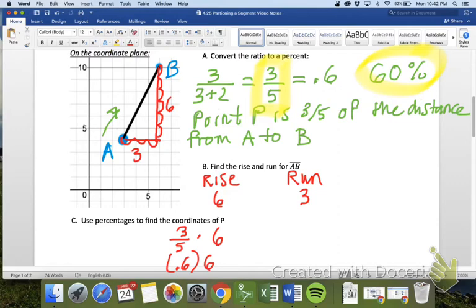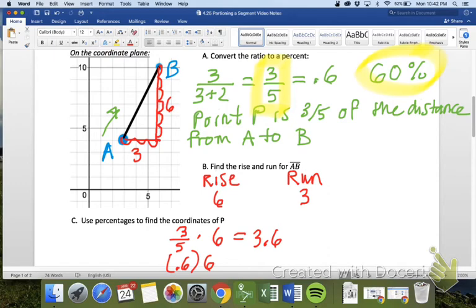So you could do 0.6 times 6. And what you're going to get here would be 1.8, I believe. Oh, no, wait, that was for the other one. It's going to be 3.6, sorry. So basically, instead of rising 6, I'm now going to rise 3.6.